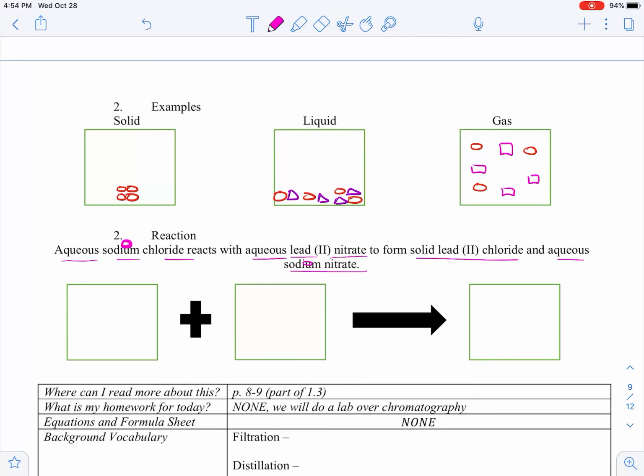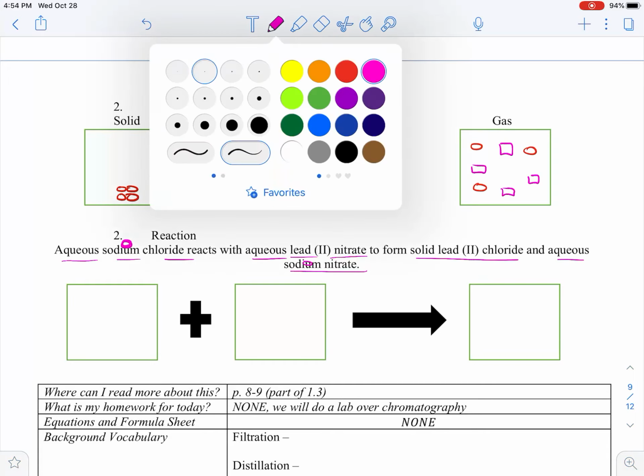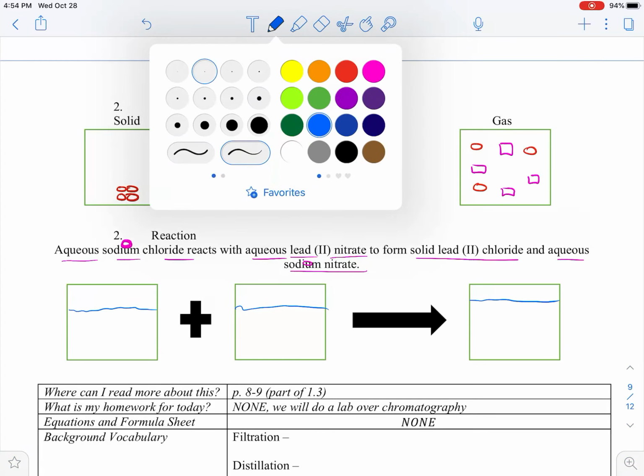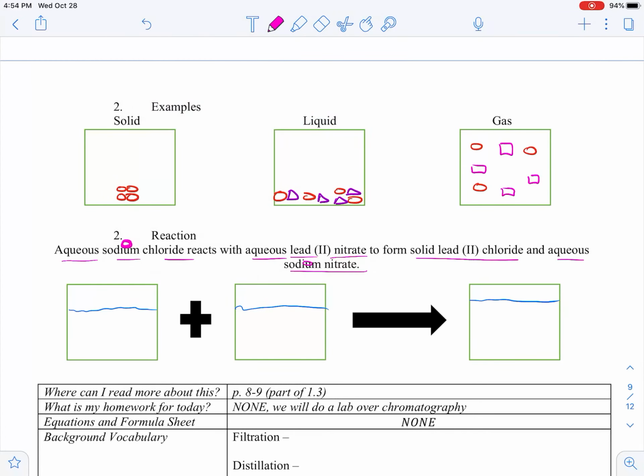For sodium chloride, it's aqueous, so I always like to draw a little bit of solution in there. That's my water level. But again, it's on the atomic level, so you wouldn't have to draw this, but I just like to draw it because my OCD thinks I need to do that. When sodium chloride goes into solution, it breaks into its ions, if you remember.